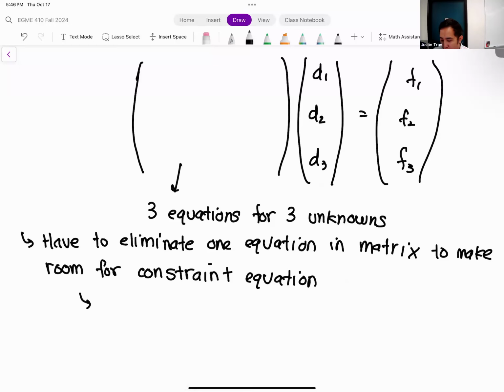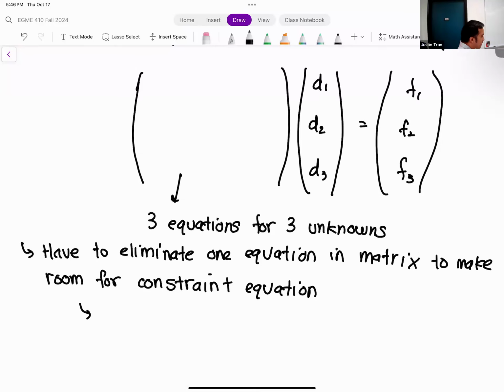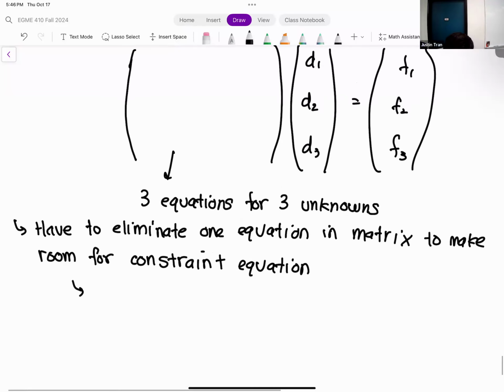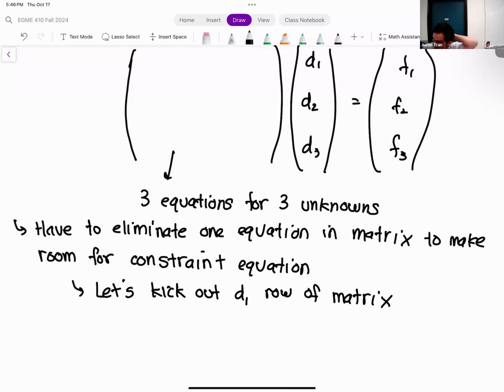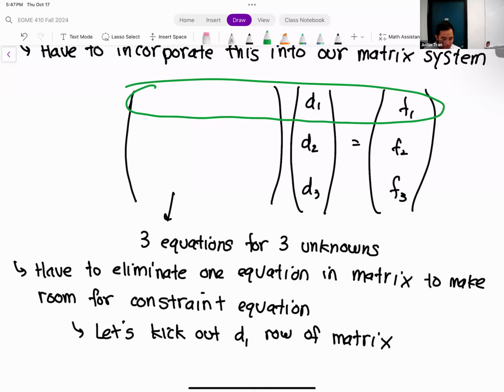Since this boundary condition is acting on D1, it makes sense to kick out the D1 row of the matrix. The D1 row is the first row in the matrix. So we're going to kick that row out and replace it with our constraint equation.